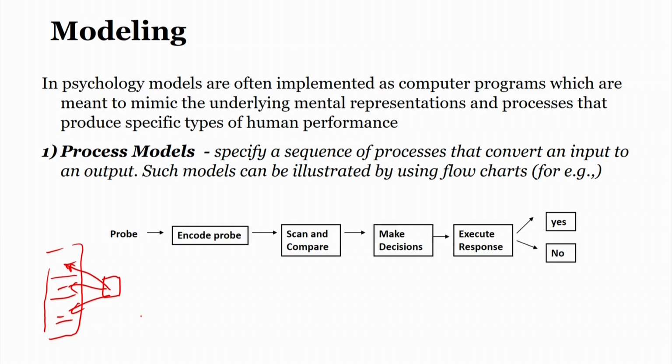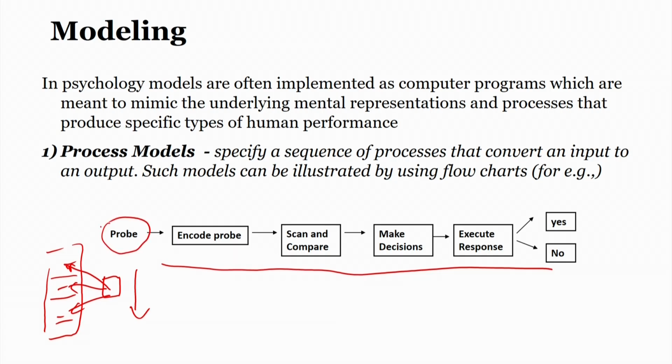Generally speaking, this idea that a serial process looks through a list of items which have been stored in memory can be explained through a process model, and this is the process model which explains how this serial processing takes place. Generally how this experiment would work is, when a probe is given, the probe is first encoded.